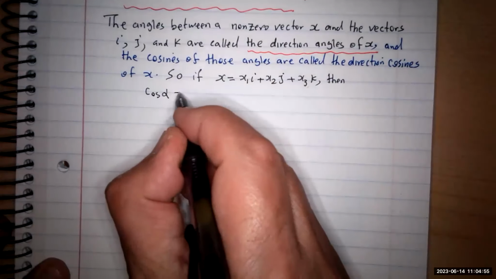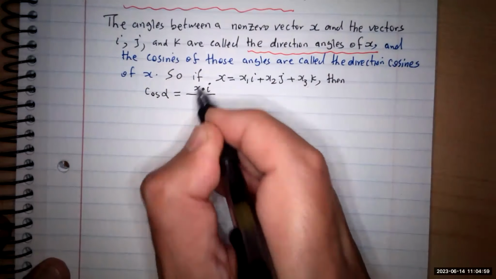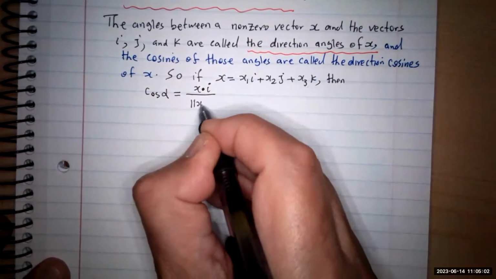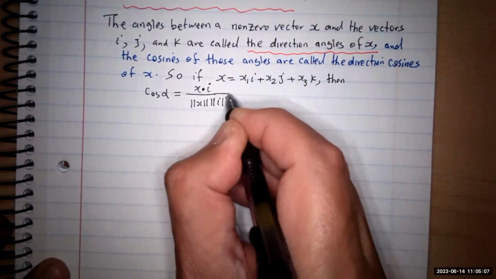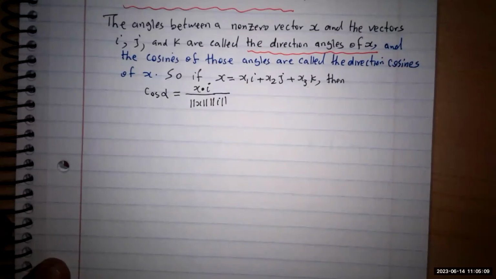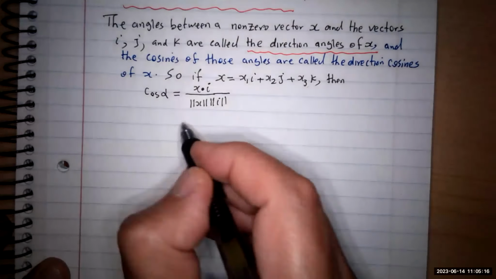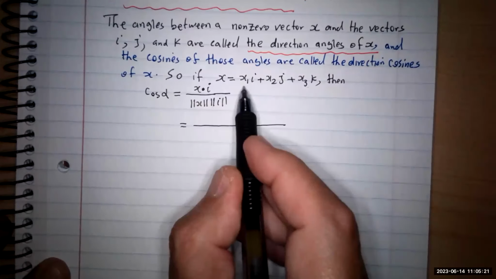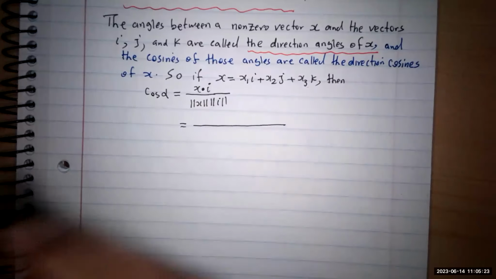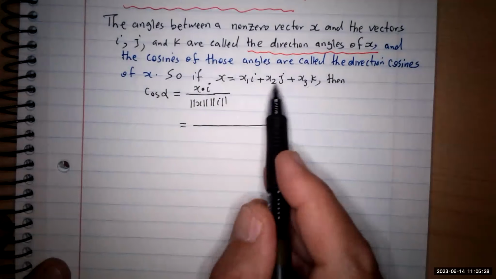So the formula: x dot y, in this case, is going to be x dot i, and this is going to be the norm x times norm i. Of course, i is a unit vector, so the norm of i is 1. Then x dot i, you can just multiply them together and you will see the result.